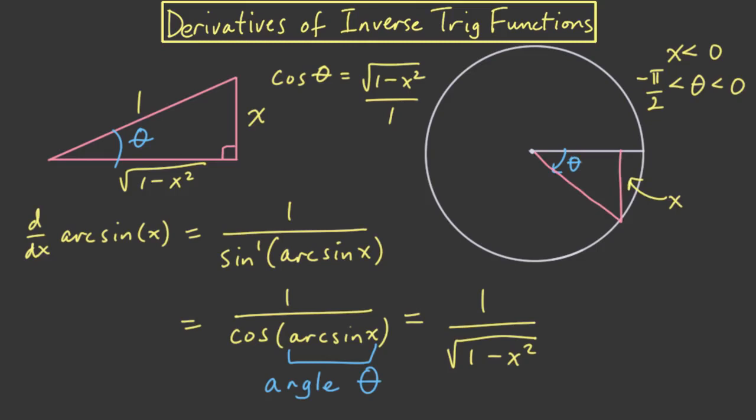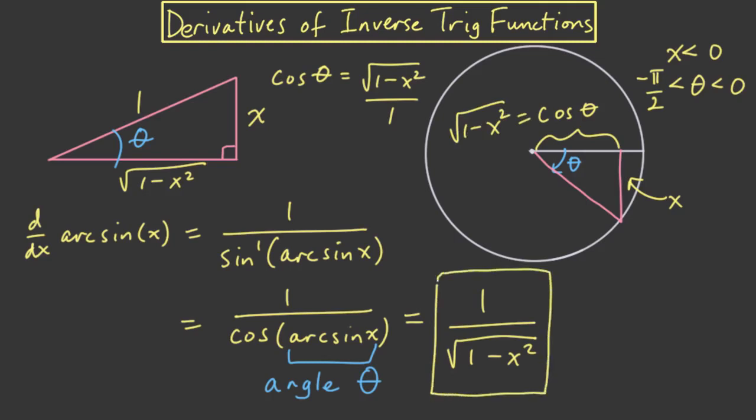But in this quadrant, cosine theta is still positive, and we're still going to get the square root of 1 minus x squared as its value. So our answer down below of 1 over the square root of 1 minus x squared works for positive or negative x.